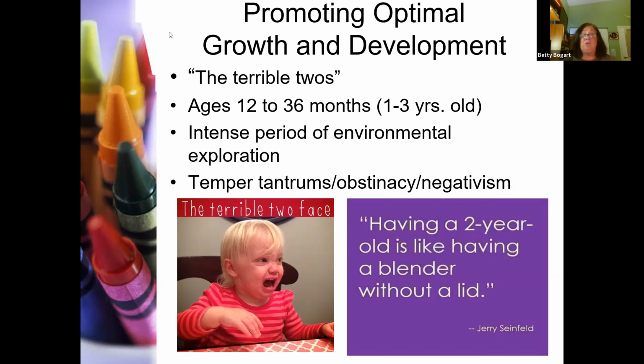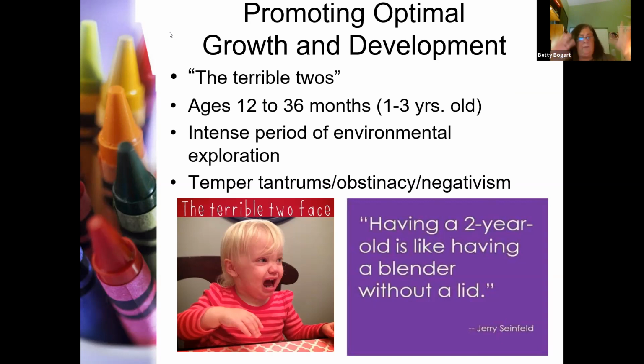It's ages 12 months to 36 months, 1 to 3 years old, and they are exploring everything. They're exploring their bodies, they're exploring their environment, everything in the mouth, everything.